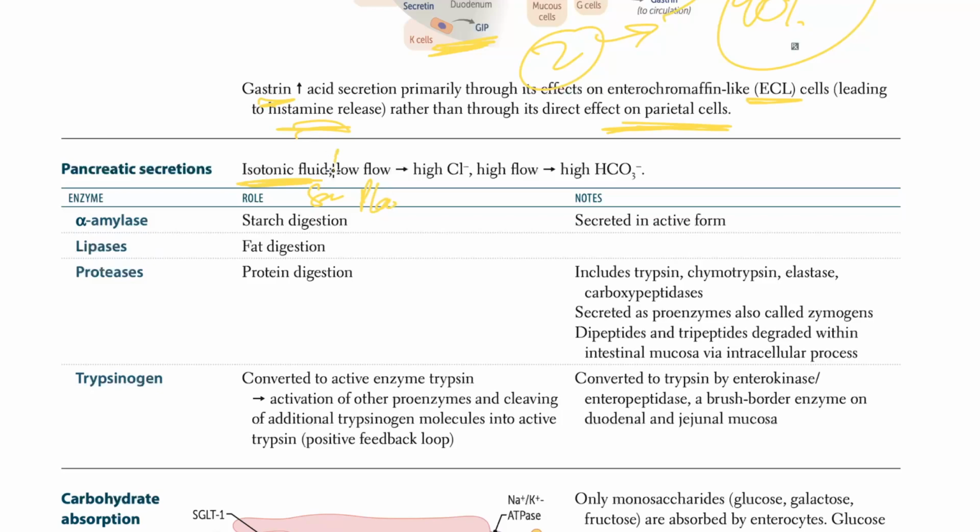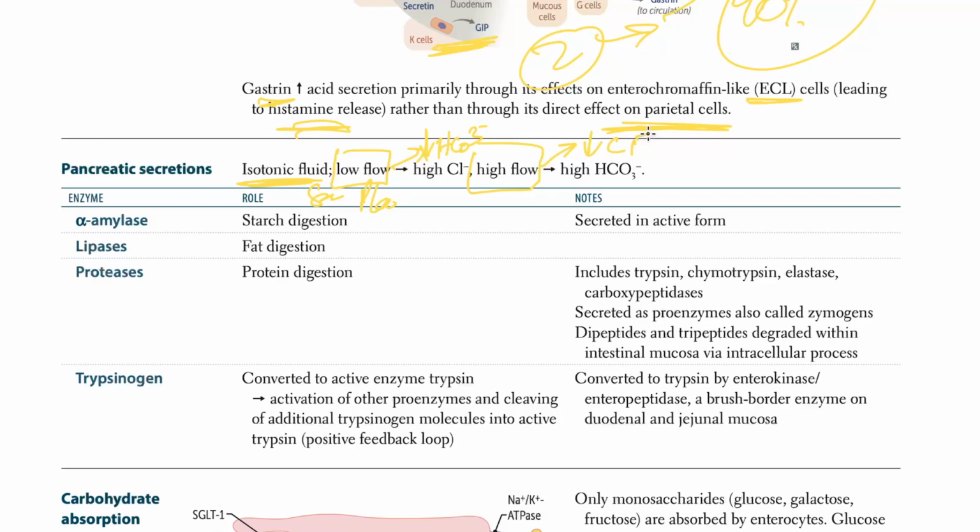But you have two different things here: a low flow and a high flow. When you think about low flow, you are secreting high chloride and low bicarb. I'm going to explain how, but just keep in mind that's low flow. High flow, you have high bicarb, but low chloride.